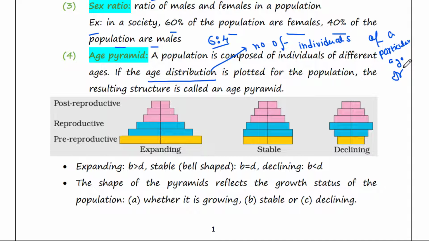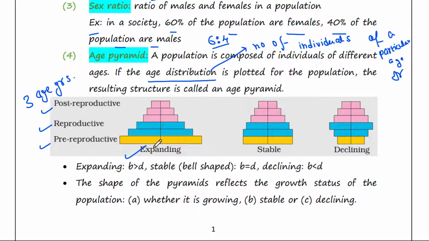In our human population we have 3 age groups. First is the pre-reproductive age group, then the reproductive age group, then the post-reproductive age group. Now, this is the expanding pyramid.